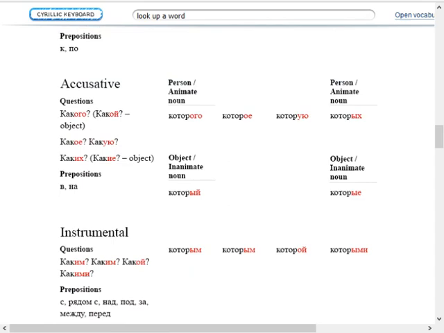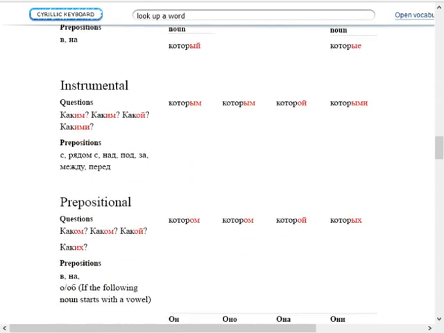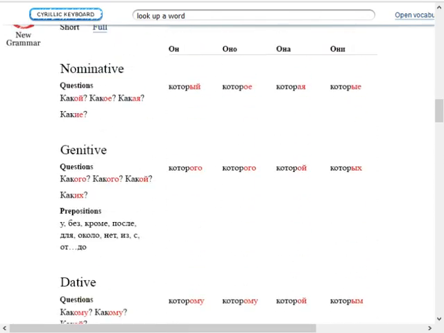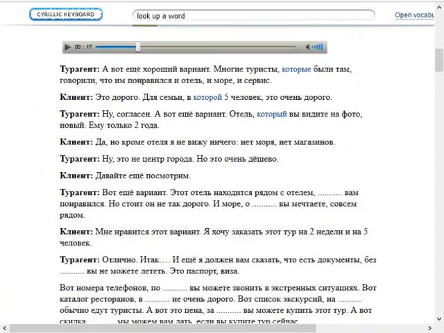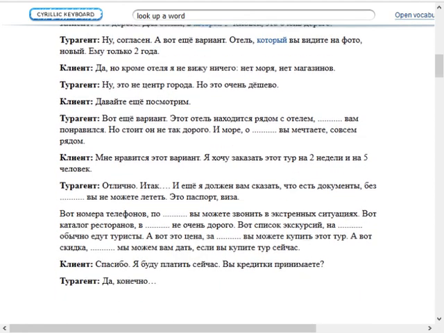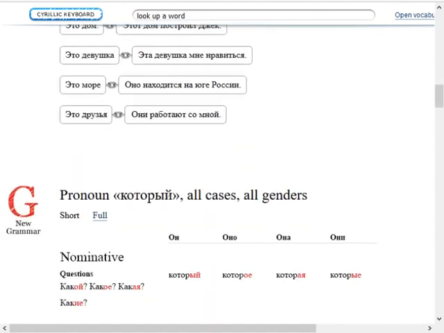I was thinking it wouldn't make sense if it were nominative, because the hotel is actually the object in this part, because it's saying you see the hotel. The hotel is then the object of the verb. The hotel is the thing being seen, and so it should be in the accusative case.